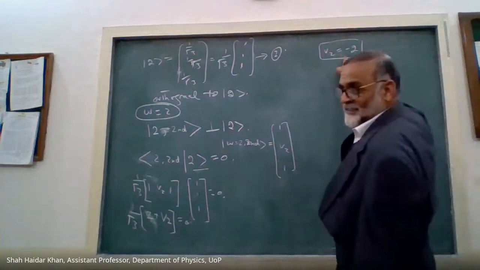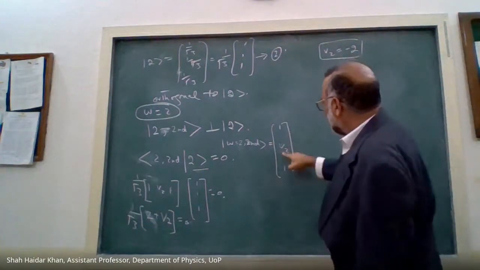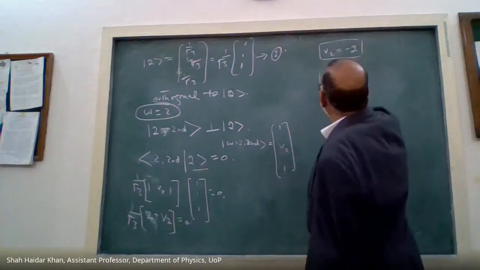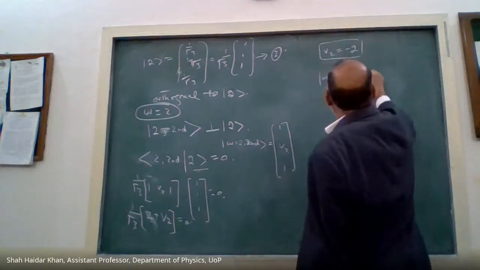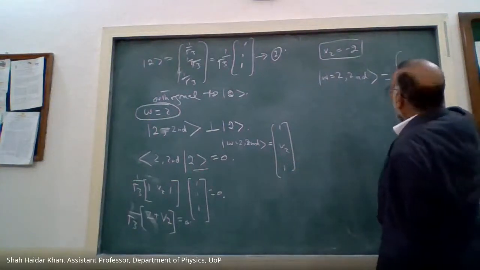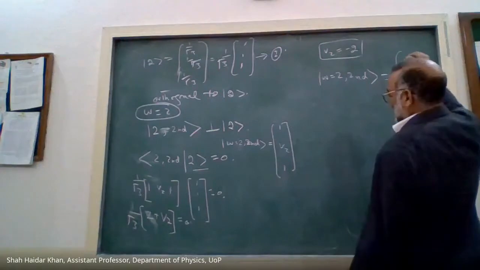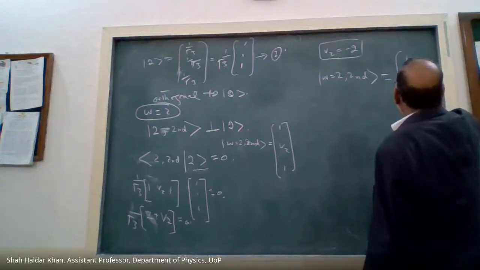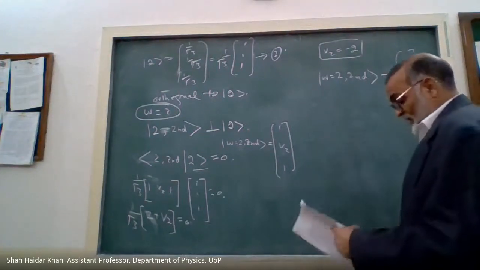V2 is equal to 1. So I can write it like this. The second one is W is equal to 2. The second one, that would be equal to 1, right? Minus 2 and 1, right?